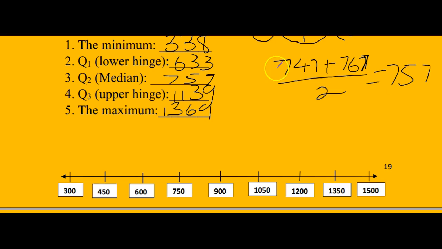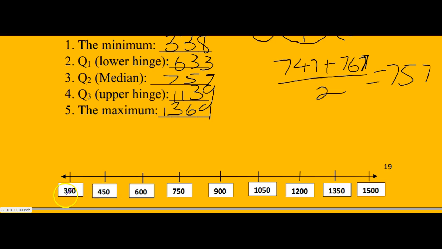So how do we locate each of these numbers? The minimum is 338. When you create your number line, the intervals have to be the same. Since my lowest number is 338, maybe I start with a number closest below it. So I started with 300. But then I have to make my interval the same. So I chose 150.